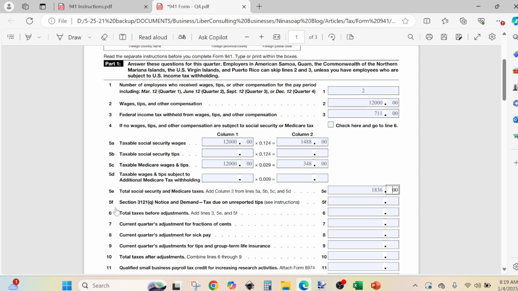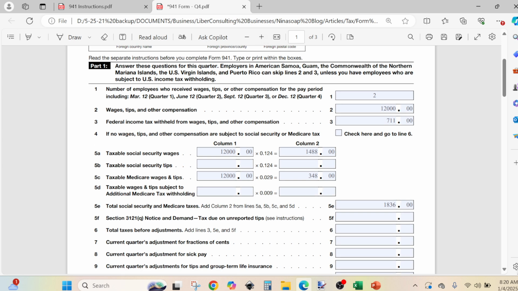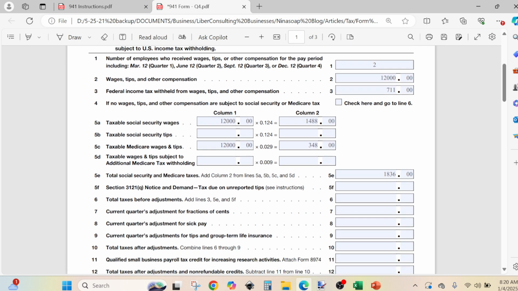Okay. Line 5F, tax due on unreported tips, you are going to leave blank. Line 6, total tax before adjustment, is going to be line 3 plus line 5E and line 5F.